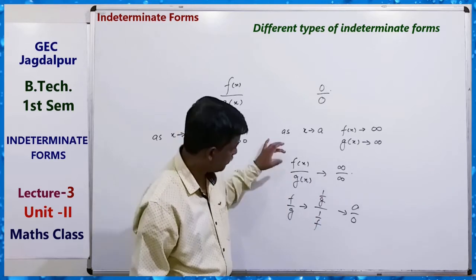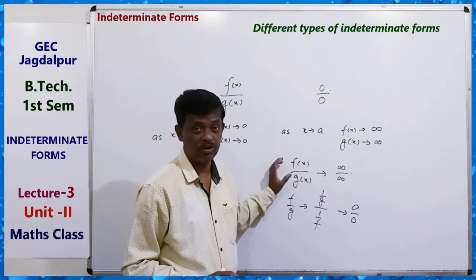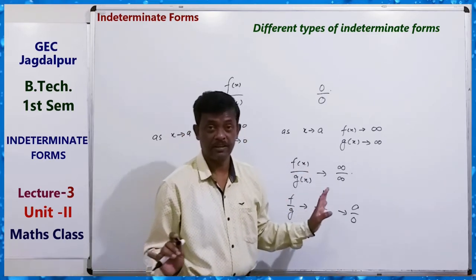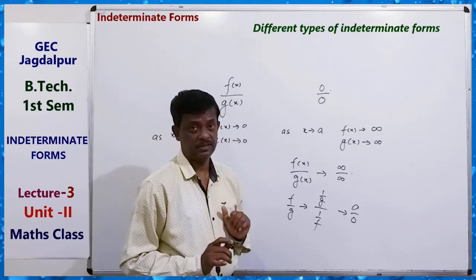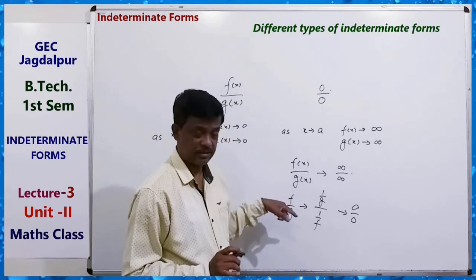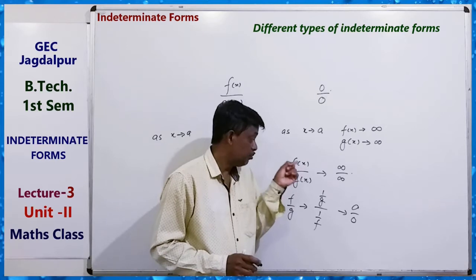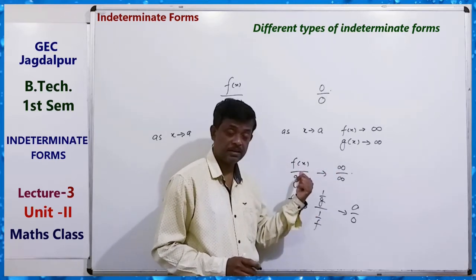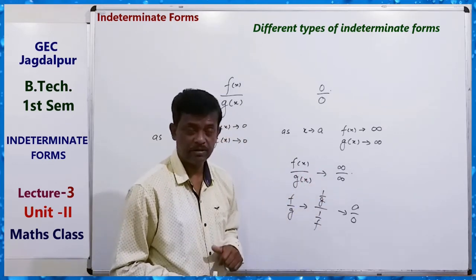Okay, separately differentiate, not as a quotient rule, u by v format. That is not applicable here. Just separately you have to differentiate. Clear? By taking it in this form, also you can differentiate. But whenever we get infinity by infinity format, you can differentiate directly and get a determinate value.